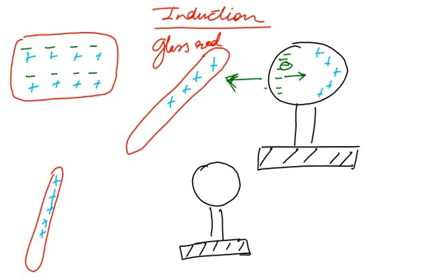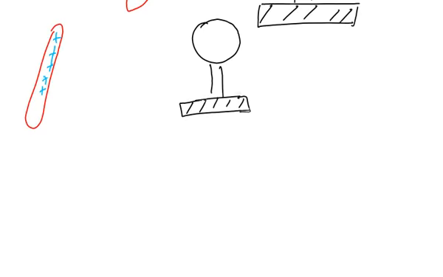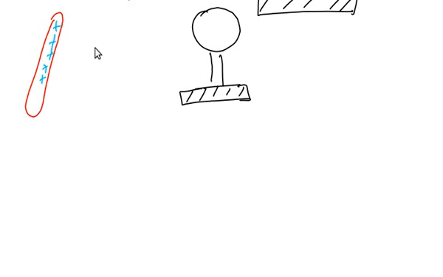This is how induction takes place. I have explained induction for a metal sphere, but the same process happens even for non-metals and non-conductors. In the same way, induction also takes place in them if any charged object is brought closer to them.